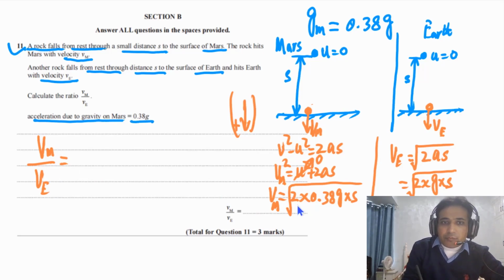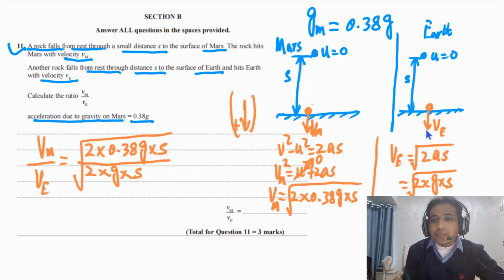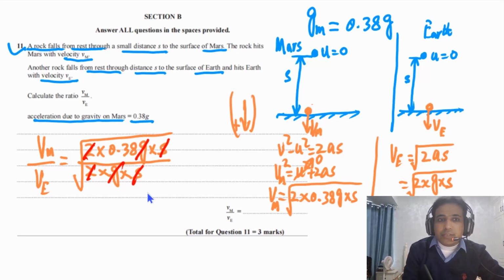We have the value of vm, that is the root of 2 times 0.38 times g times s, divided by the root of 2 times g times s. Now from here we can cancel this g with this g, this 2 with this 2, and this s with this s.